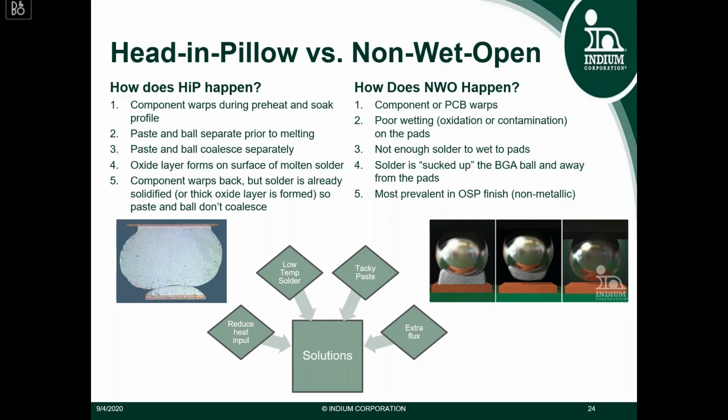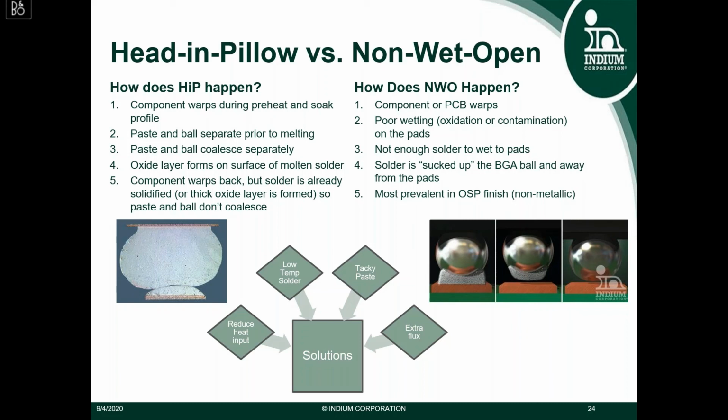For non-wet opens, something similar happens. It is also due to component or PCB warpage. However, it is typically due to the pad of the PCB oxidizing too much, or not having a strong enough flux chemistry to remove the excessive oxidation.